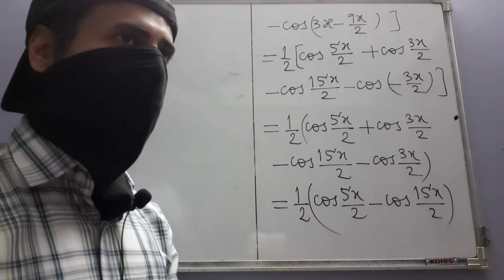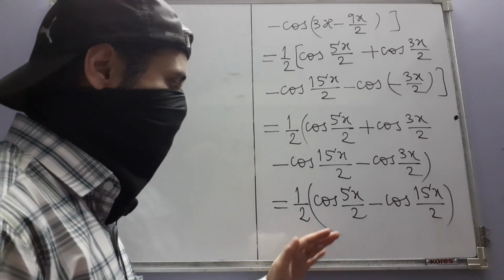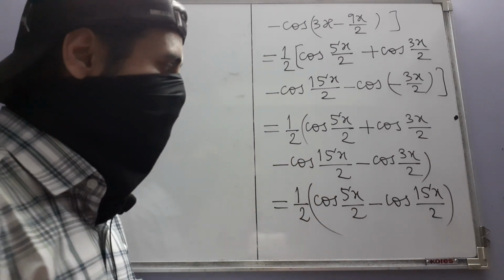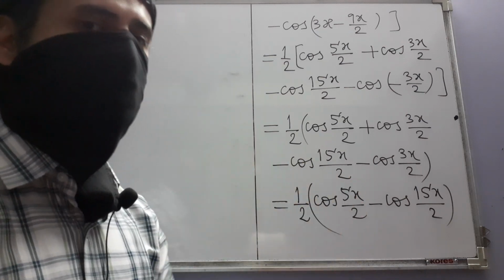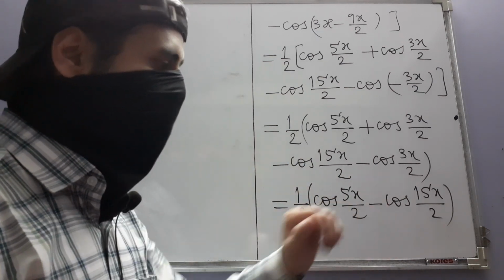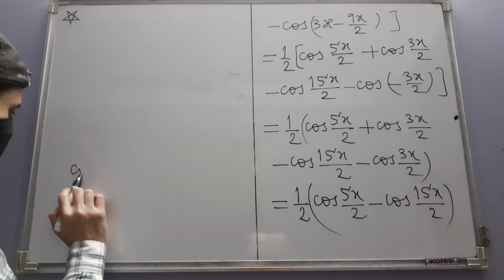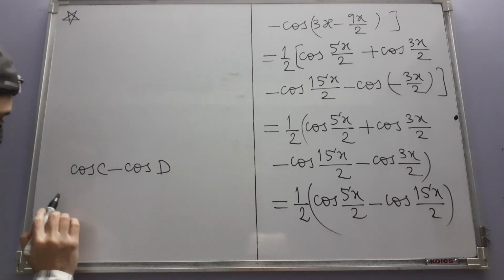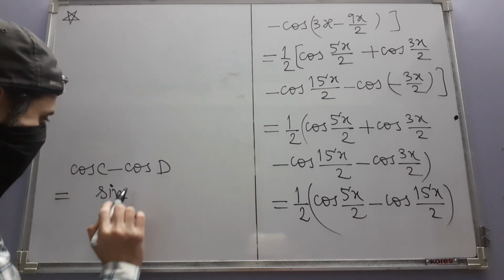Mixed sin cos terms come only for sin. So here we will have either cos cos or sin sin, but which one? If we had plus here, there we would have cos cos, but we have minus, so both the terms will be sin. In other words, we have this. Cos C minus cos D is going to have two sine terms.